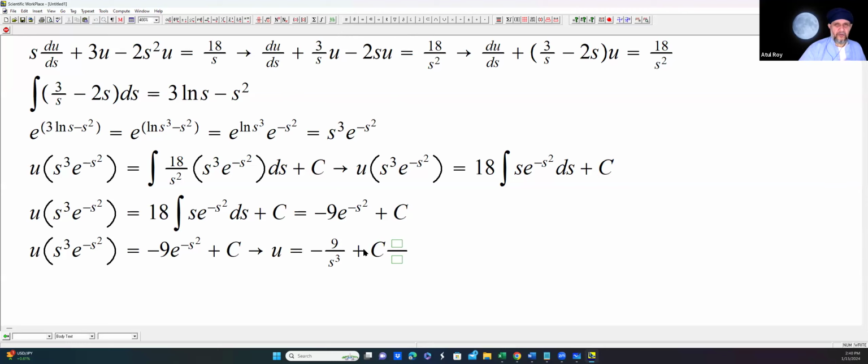And when you divide by that, that will become c divided by this quantity, right?